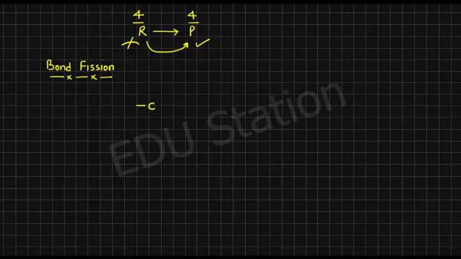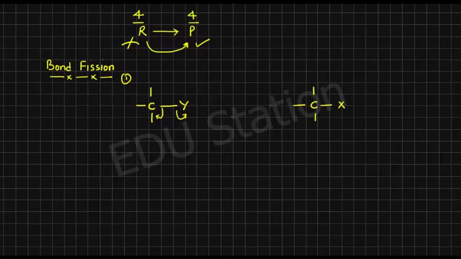Let us say carbon has a bond with Y, it has 4 bonds and one of the bonds is with Y. Second scenario, again carbon has 4 bonds and one of the bonds is with X. Now, in the first case, say this bond breaks in such a way that carbon withdraws its electron and Y also withdraws its electron. So, both have withdrawn their respective electrons.